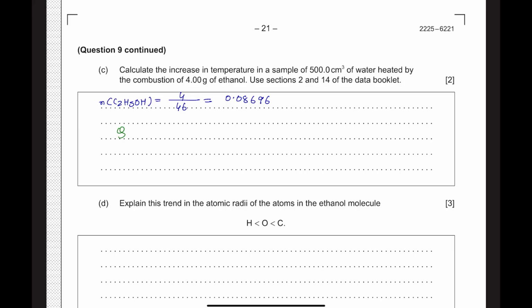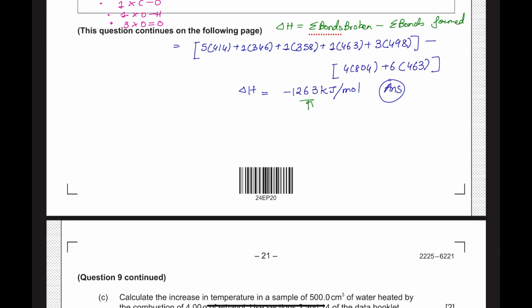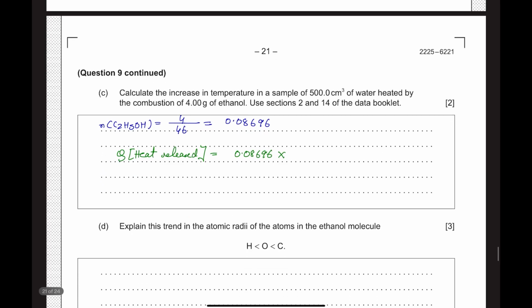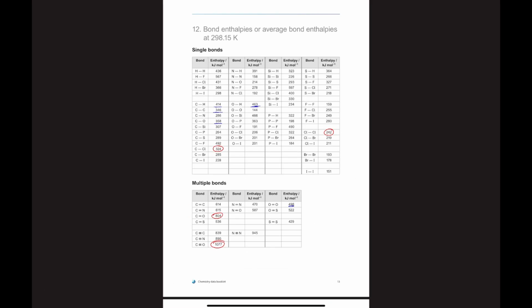Now the heat released, this Q is the heat released, okay? This will be moles times the enthalpy of combustion. So 0.08696 moles of ethanol times the enthalpy of combustion you found in the previous part. No, wait. They are asking us to use section 2 and section 14 here specifically.